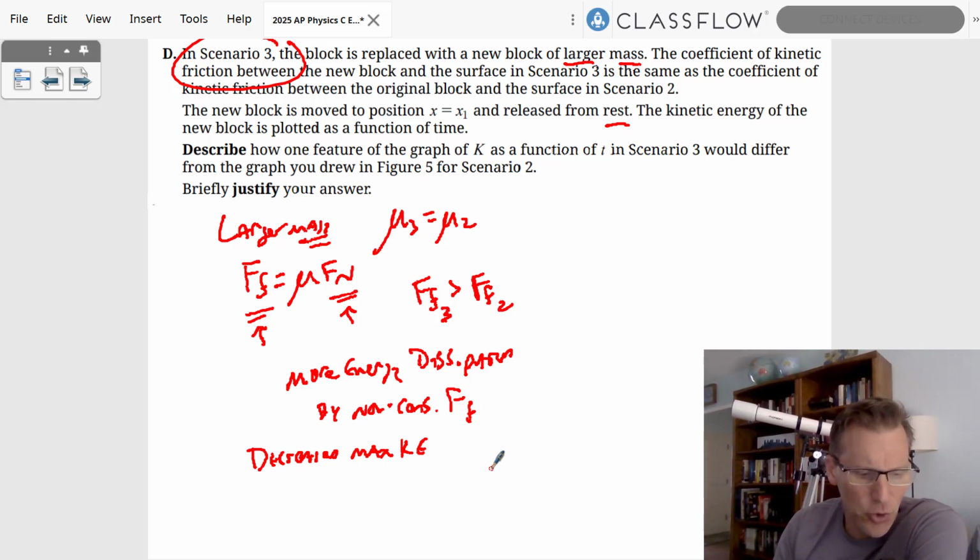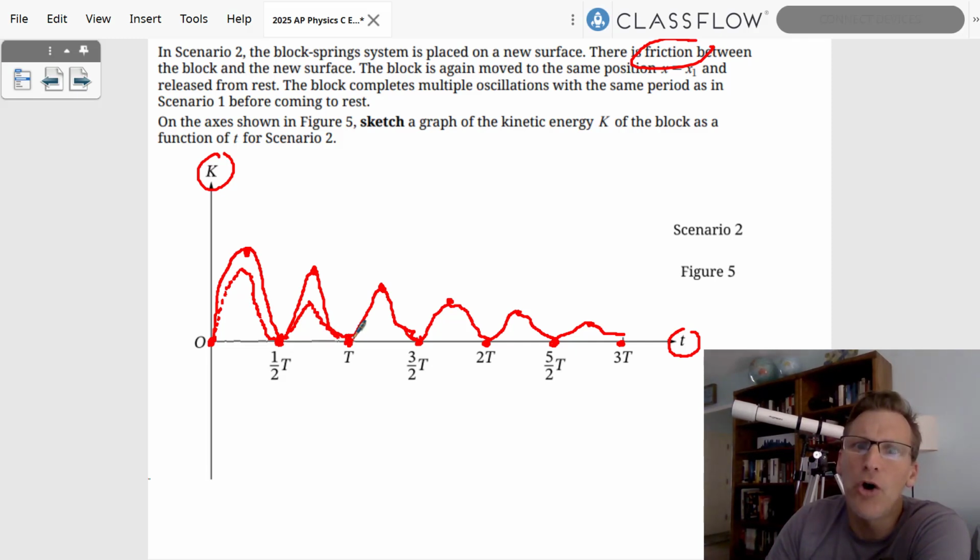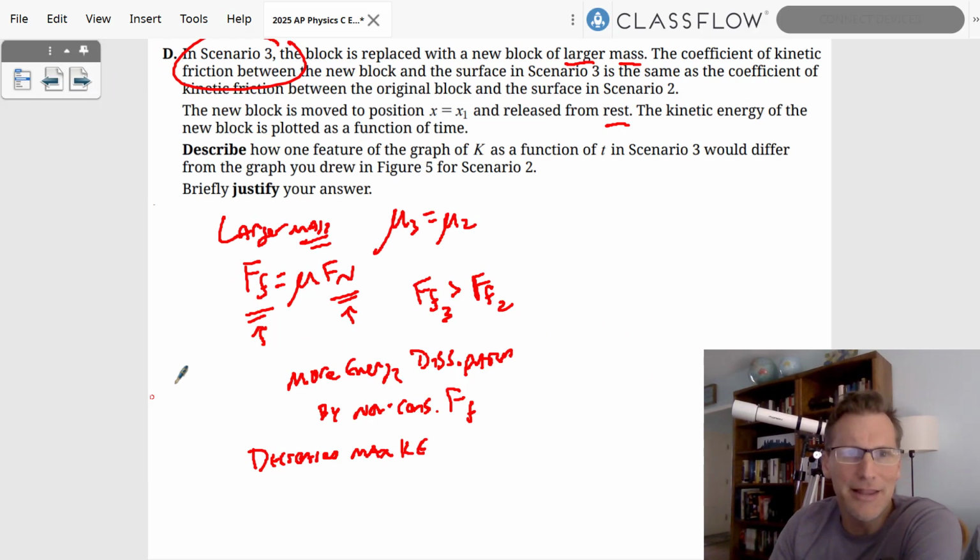So what's going to happen is the graph is going to actually have a lower maximum kinetic energy, which means if we come back to this graph, it's going to come over here, it's going to come back down, but you can see this graph is going to be lowered every single time because the force of friction is greater. The non-conservative force is lowering that maximum kinetic energy, and that is what's happening when we change our scenario another time in Part D.